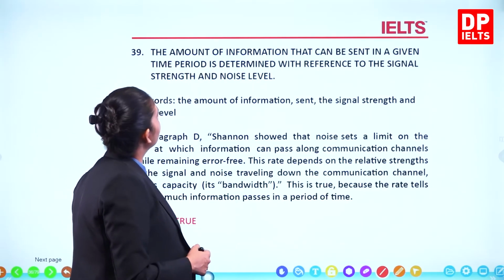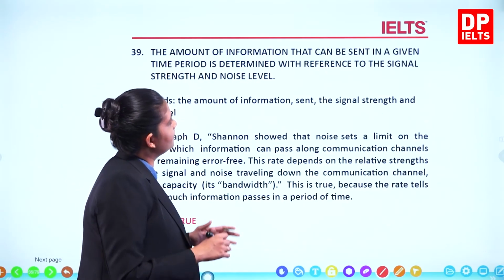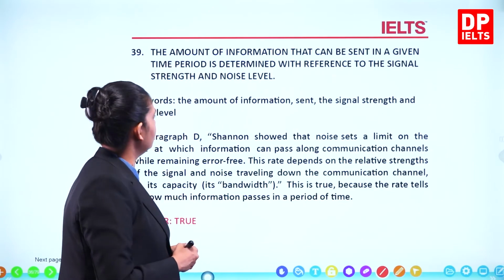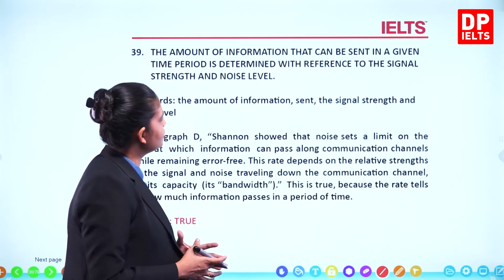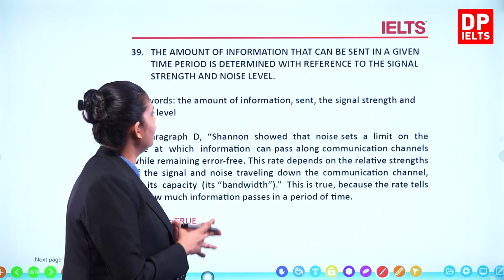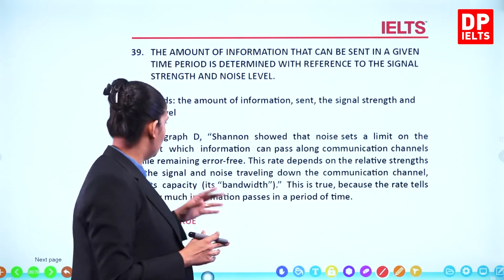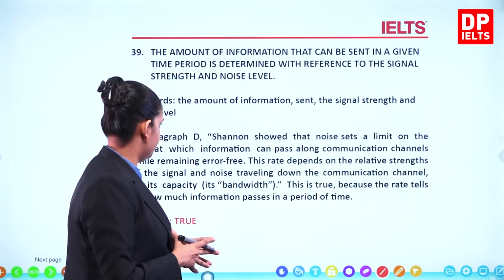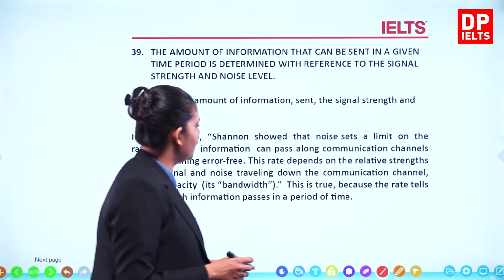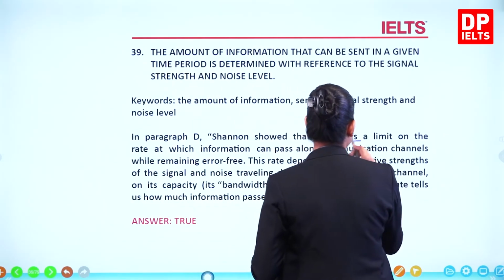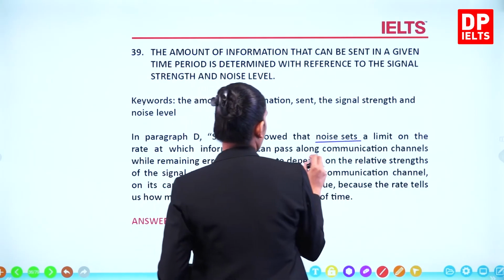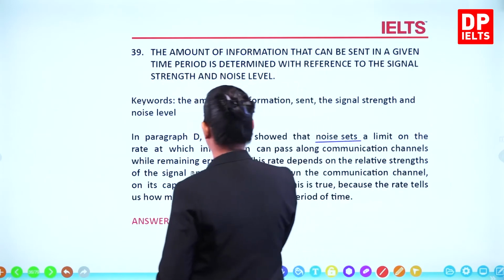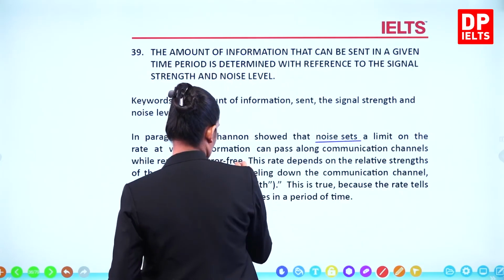39. The amount of information that can be sent in a given time period is determined with reference to the signal strength and noise level. Go to paragraph D. Shannon showed that noise sets a limit on the rate at which information can pass along communication channels while remaining error-free.